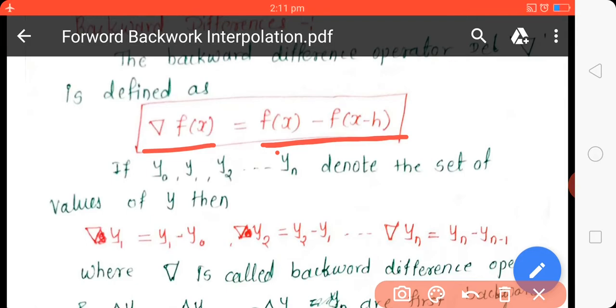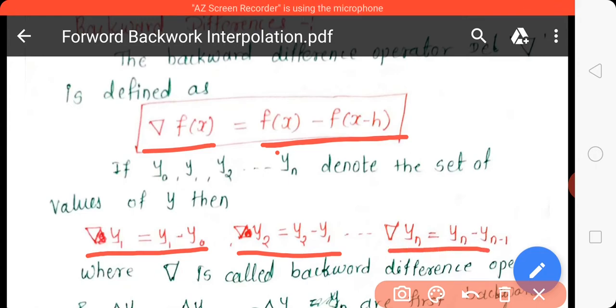If we are given the values y0, y1, y2 up to yn denoting the set of values of y, then del y1 is y1 minus y0. Del y2 is equal to y2 minus y1, and up to del yn we can calculate using yn minus yn minus 1.